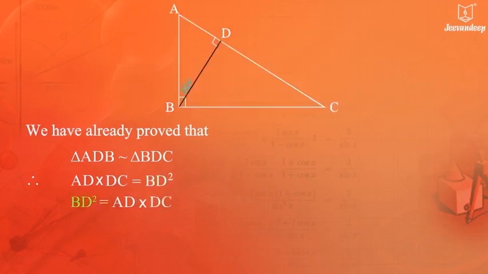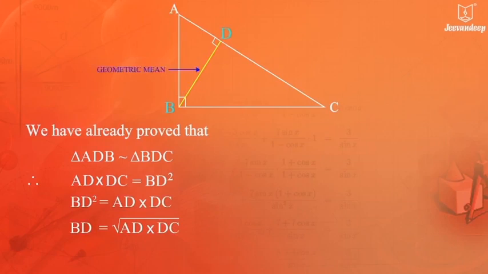Cross multiplying the two sides, we get BD square equals AD multiplied by DC, or BD equals root of AD multiplied by DC. Thus, the perpendicular BD is the geometric mean of the two segments AD and DC of the hypotenuse AC.